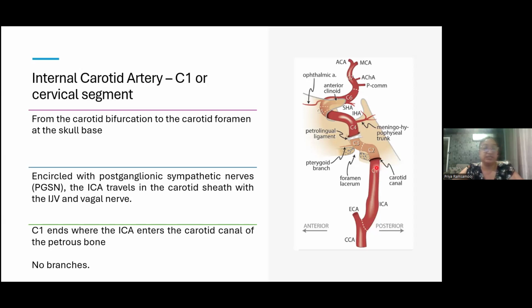It's usually encircled with postganglionic sympathetic nerves. The ICA travels in a carotid sheath, as we would have mentioned before, and it ends specifically when it enters again the carotid canal at the petrous bone. Now, what is very important to note is that there are no branches of C1 or the cervical segment.